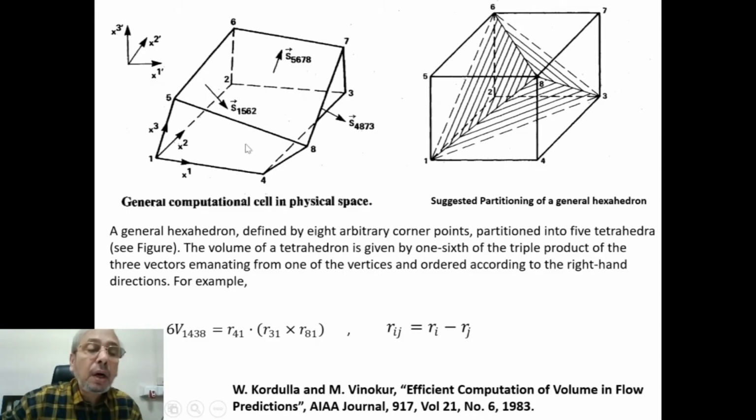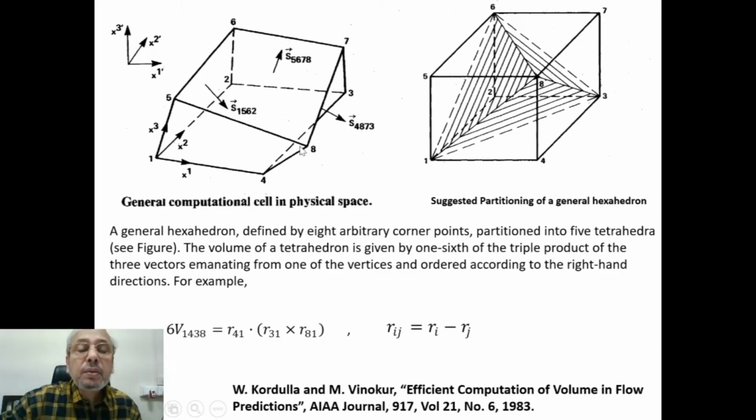Now let us consider a general hexahedron defined by 8 arbitrary corner points, like 1, 2, 3, 4, 5, 6, 7, 8.